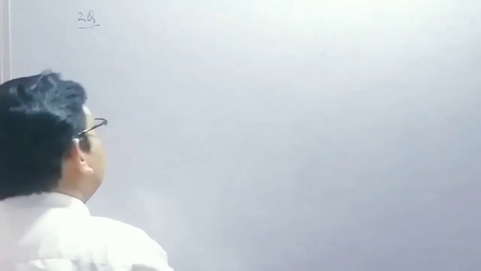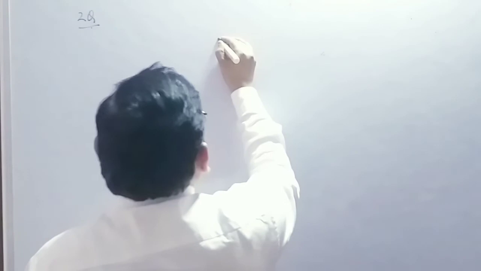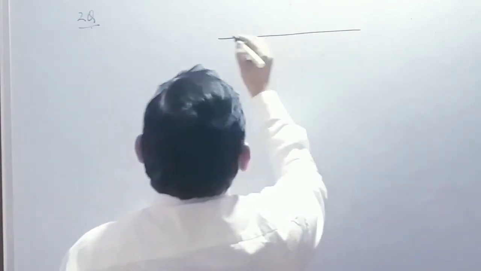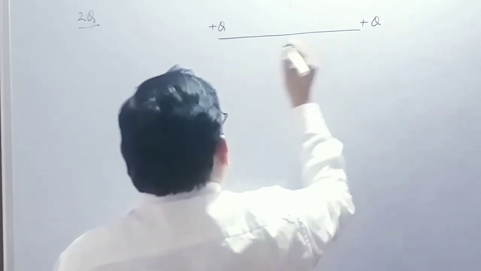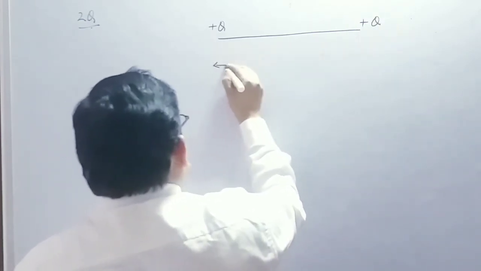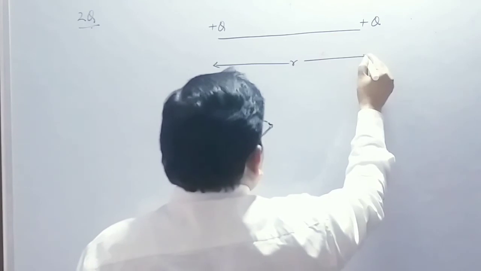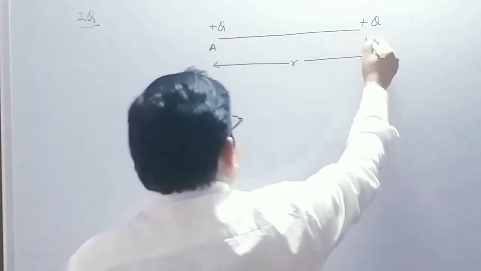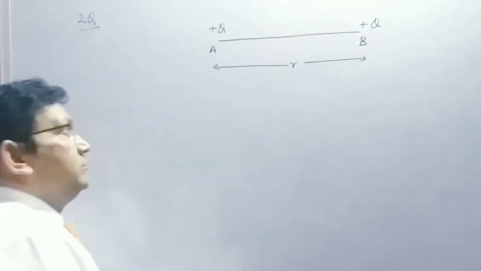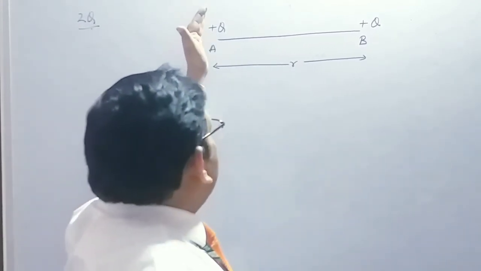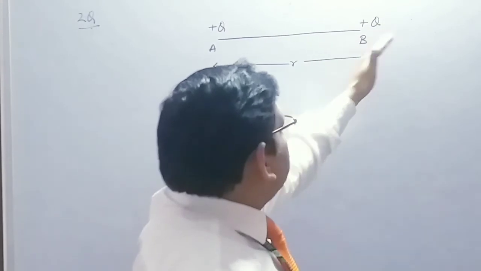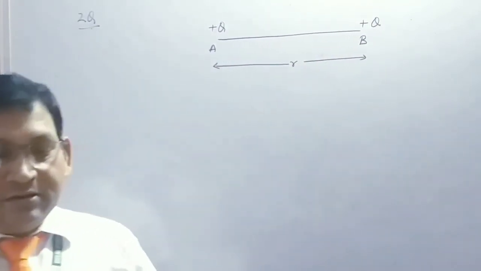So again we have two charges of magnitude plus q and plus q, separated by distance r, placed at point A and B. The condition is that we have two charges of magnitude plus q and plus q separated by distance r.